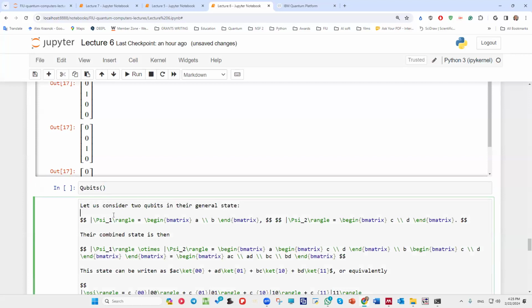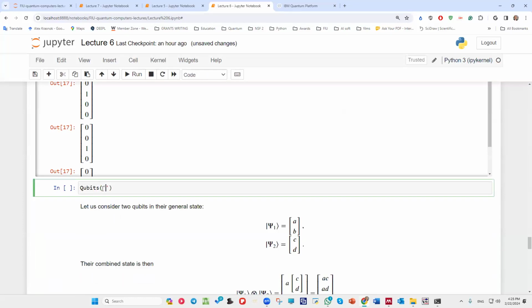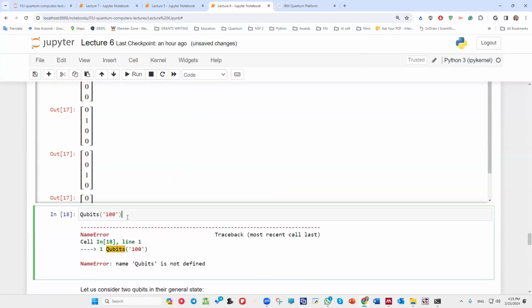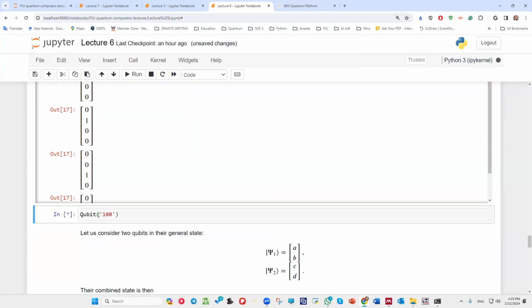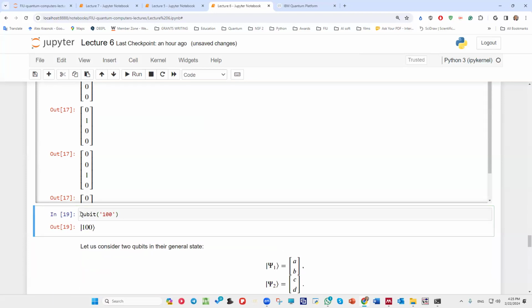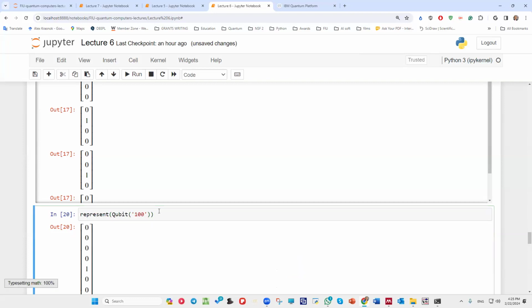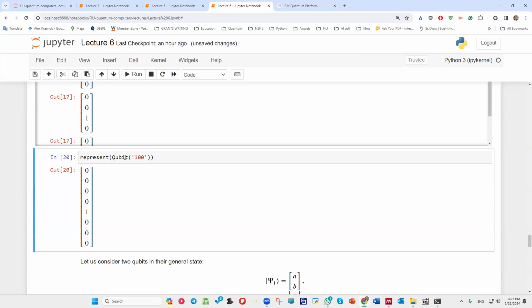Let's say I have a system with 3 qubits and I'm interested in the state 0, 0, 0, for example. This is the state, and if I represent the state in the matrix form, this is the result.